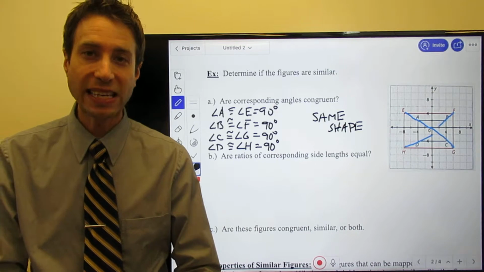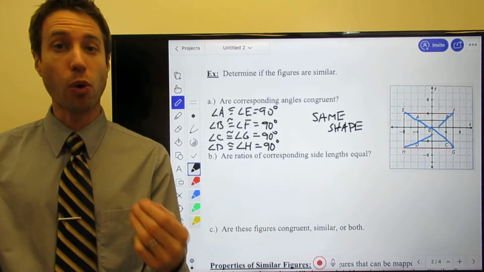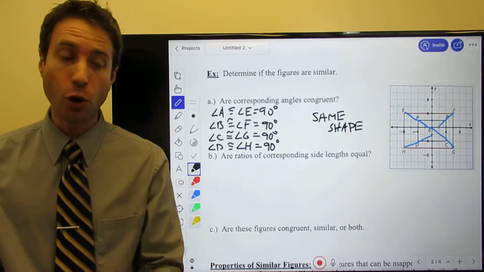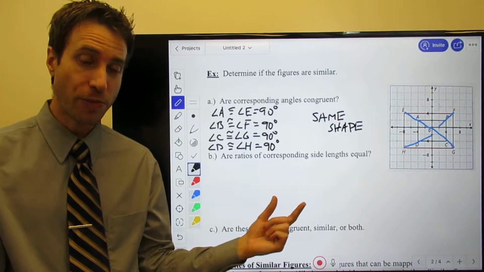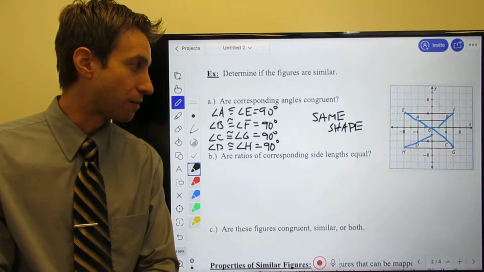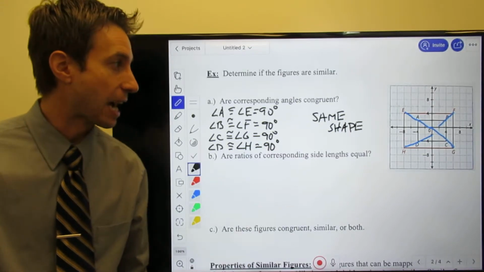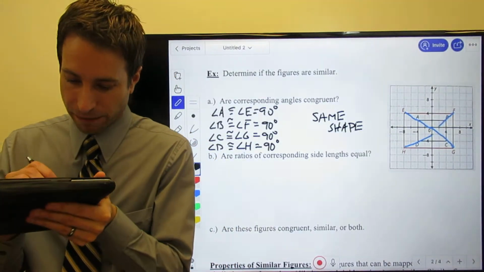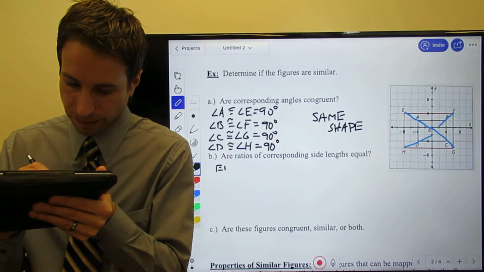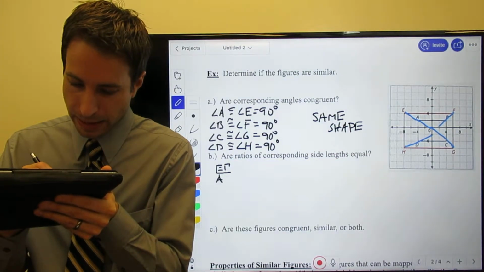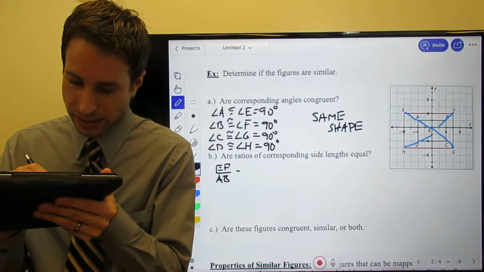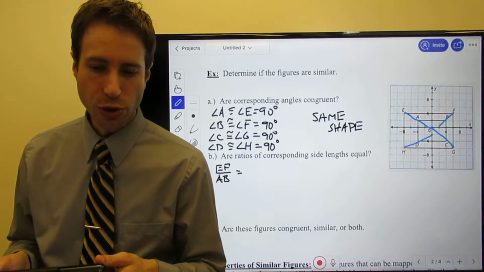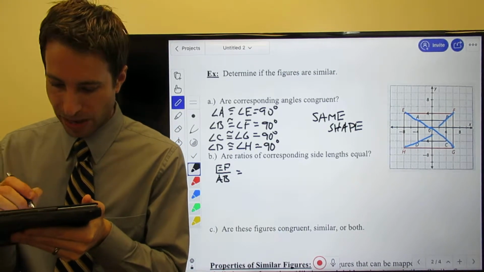They are both rectangles. So far, it looks like I'm going to run into an issue when it comes to finding the scale factor. So let's find out. Again, AB corresponds with EF. So EF over AB, and the nice thing about this, both are horizontal lines, so you can simply count them.